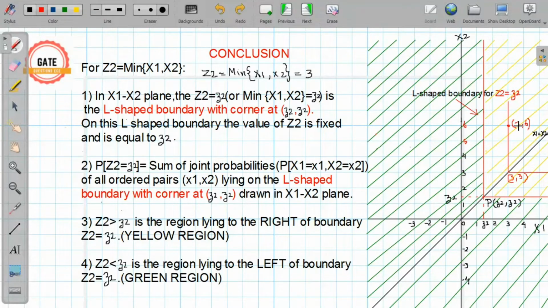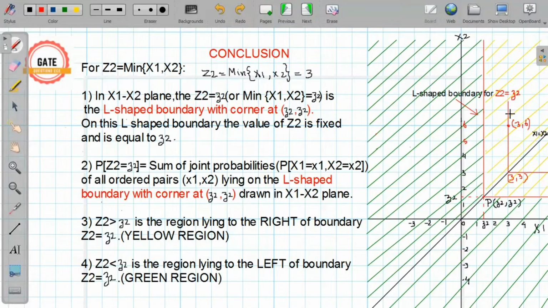You can observe at this point what the value of Z2 will be. Here Z2 is the minimum among x1, x2. Here x1 is 3 and x2 is 6. So the minimum among 3 and 6 is 3. So Z2 is 3 for this point.